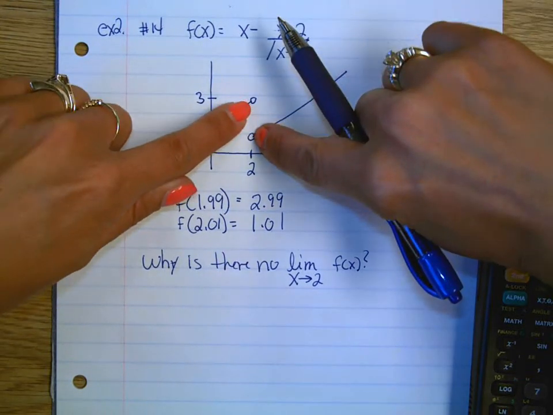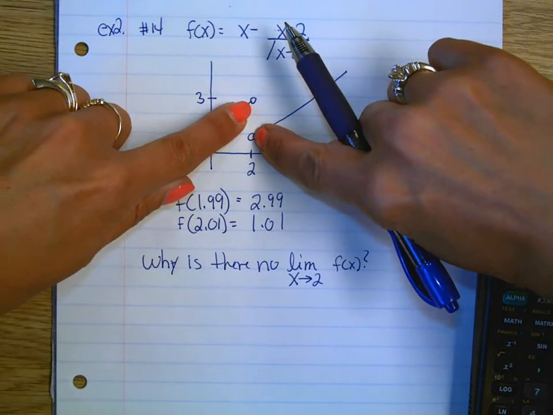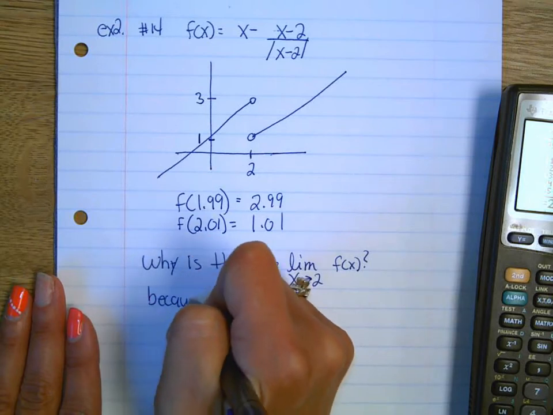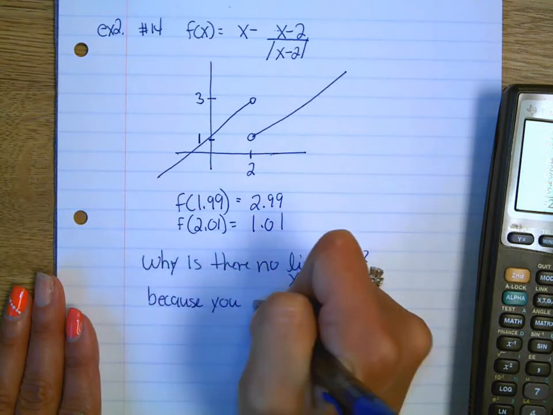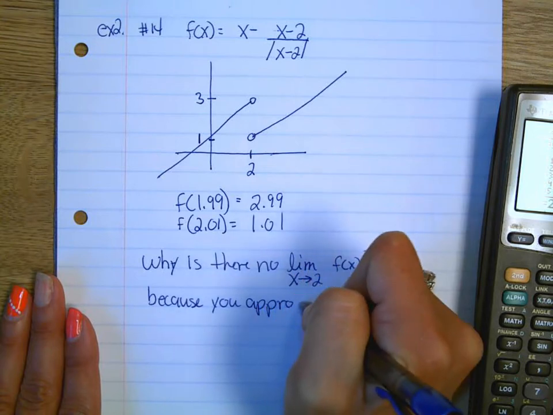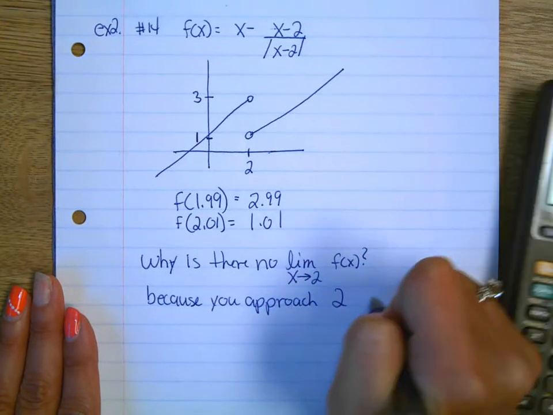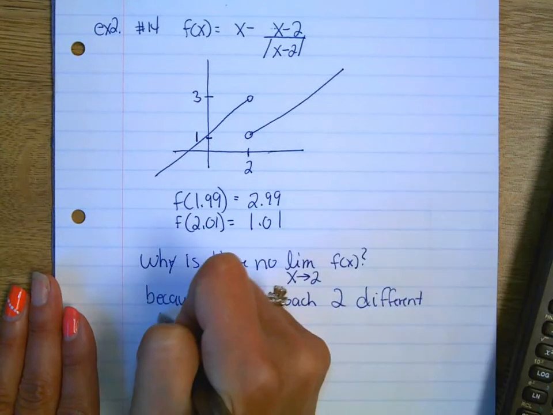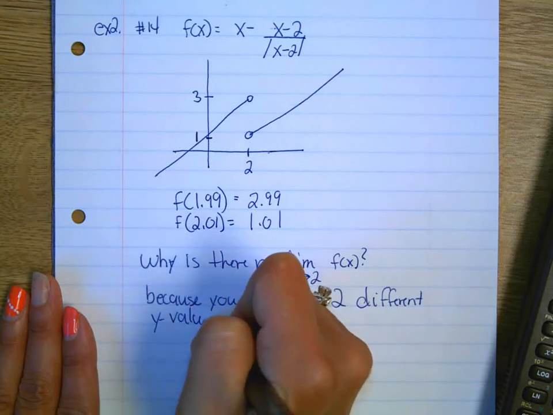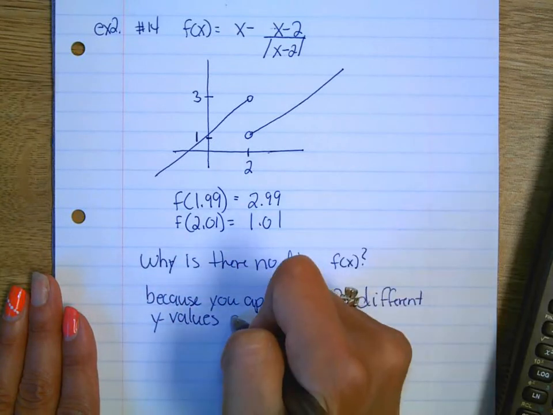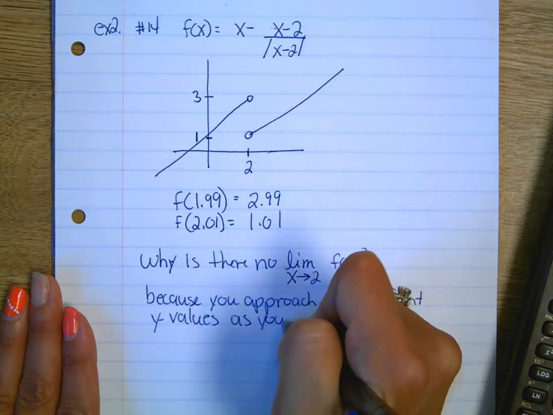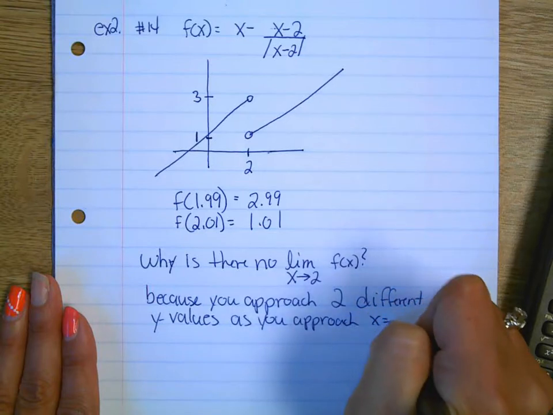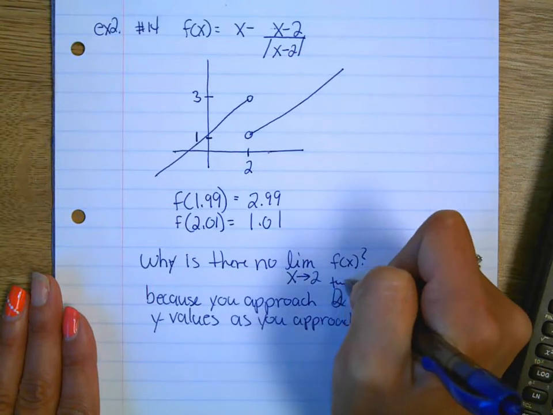These 2 branches are approaching 2 different y values, so no limit when that happens. So why? Because you approach 2 different y values as you approach x equals 2. I should use the word 2 here.